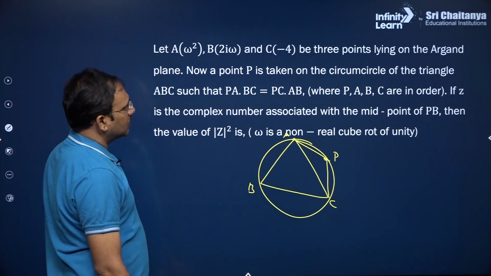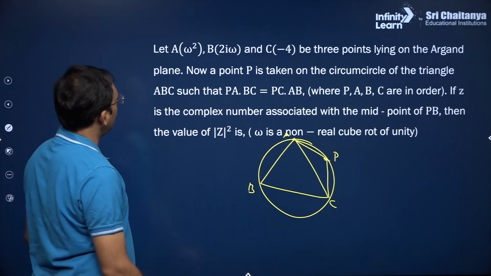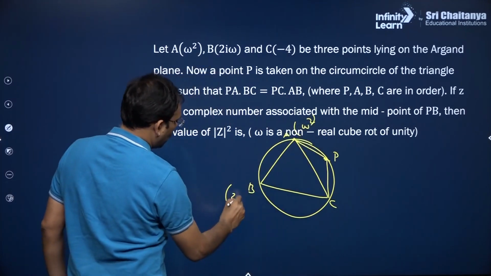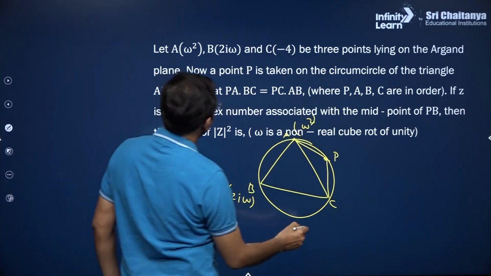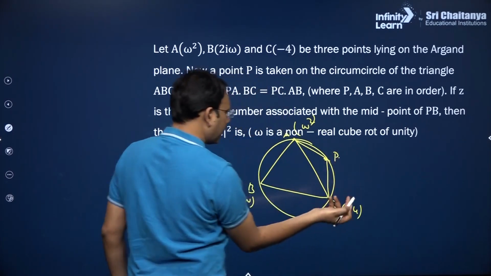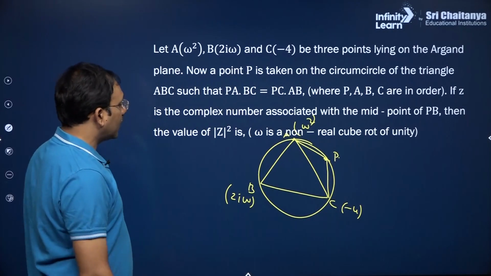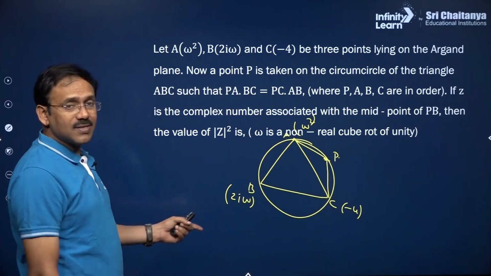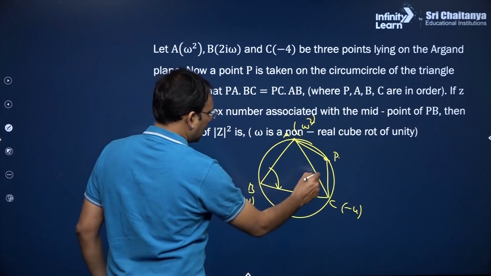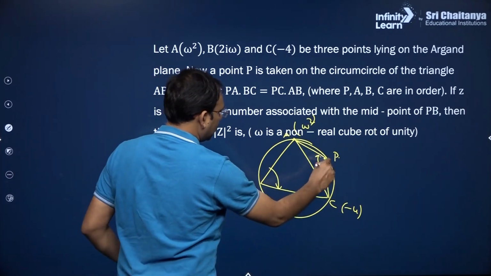Now, my dear friends, we can say A is given as omega square, B is 2i omega, C we can say is minus 4. P you can take as a complex number. Now, my dear friends, they form a cyclic quadrilateral. So, this is the rule we can say.